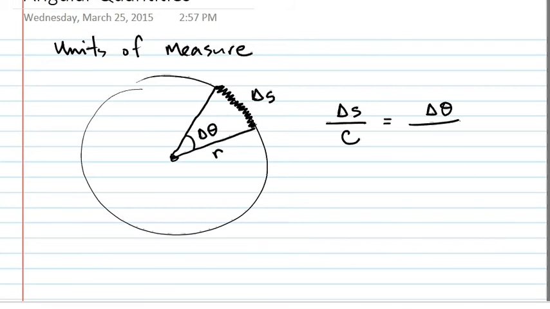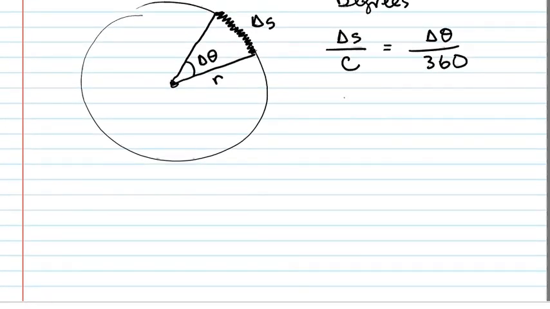And if we're doing this in degrees, that'll be divided by 360. So here we're considering degrees. And the delta s compared to the circumference, well, circumference is 2 pi r will equal delta theta over 360.